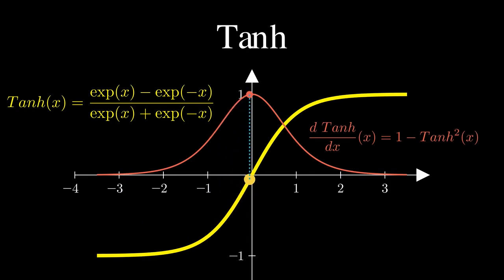You can see the formula written in red, but also the shape of the derivative of tanh is very similar to the one for sigmoid. It has a peak in the center or origin and the two tails that zero out.